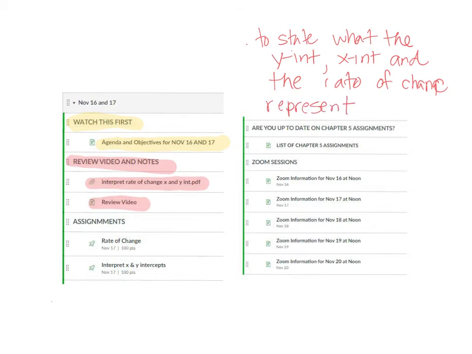So not the number, but is it an increase or a decrease? And what is increasing and decreasing? Where does it start at? So those are the types of questions that we're looking to be able to answer.